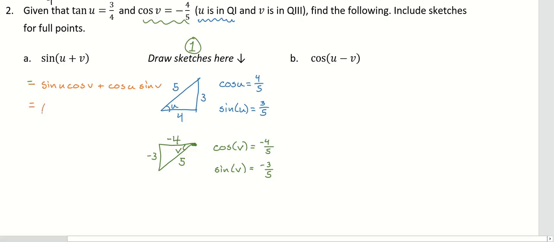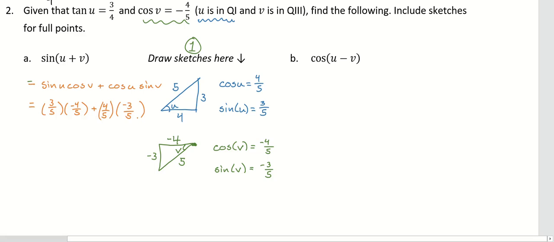So the sine of U is 3/5. The cosine of V is negative 4/5. Plus the cosine of U is 4/5. And the sine of V, we'll put here, is negative 3/5.